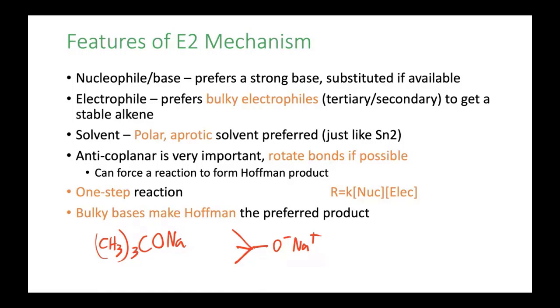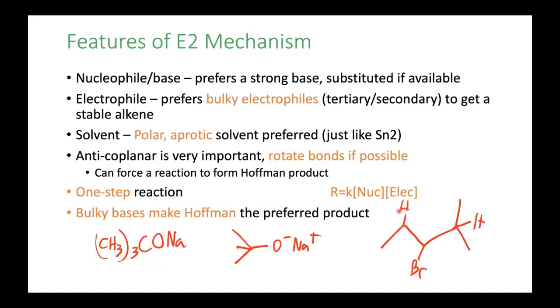And so the reason why it makes the Hofmann the preferred product is because if I drew a molecule like this, we have a clear Zaitsev product in this direction because it'll be more substituted, and then a Hofmann product in this direction because it's less substituted.